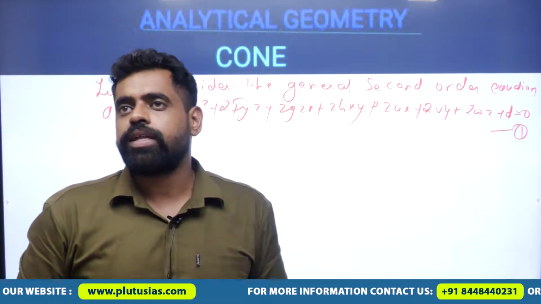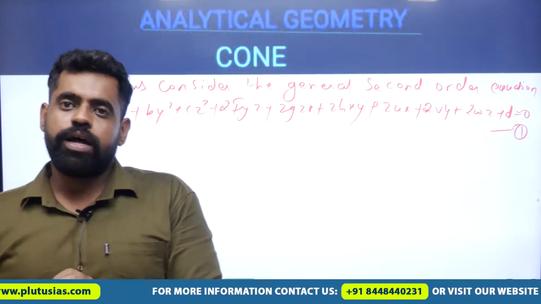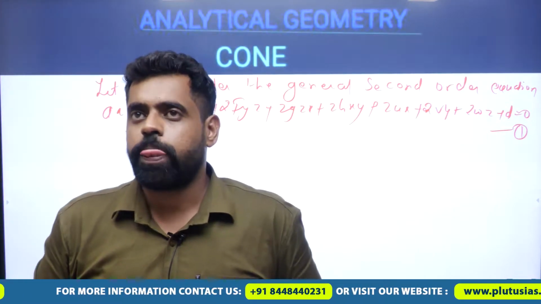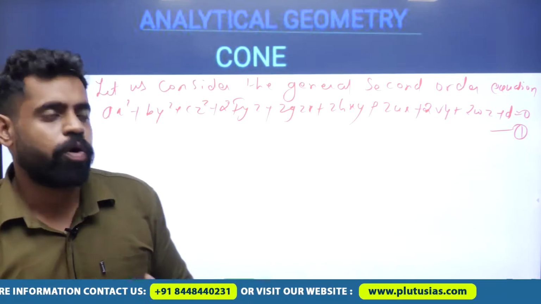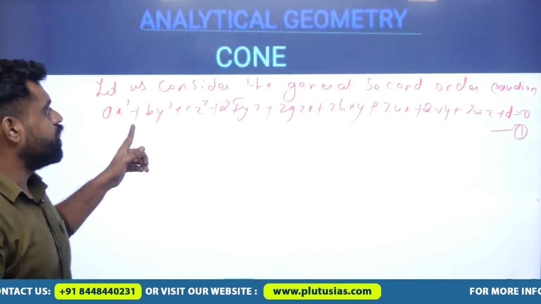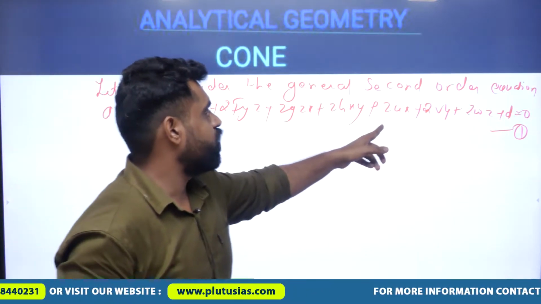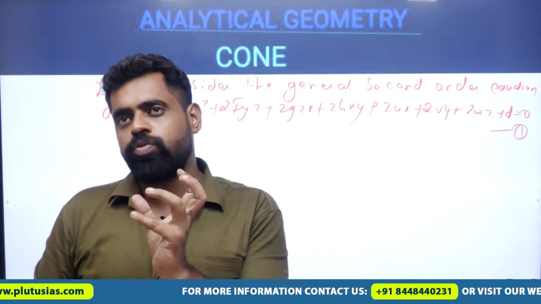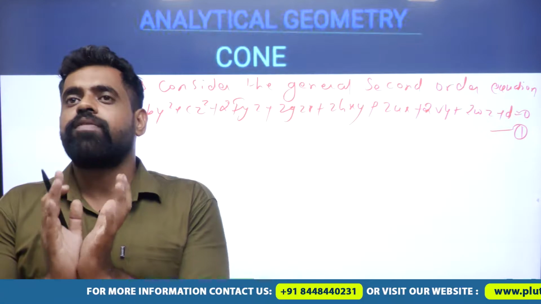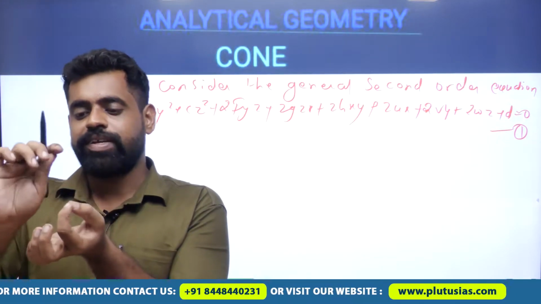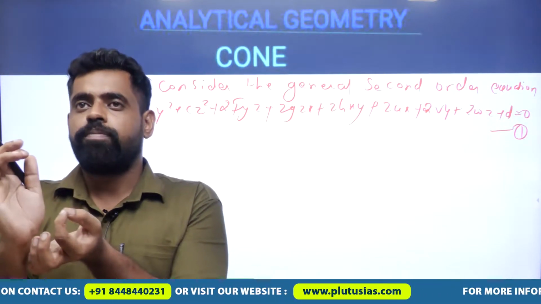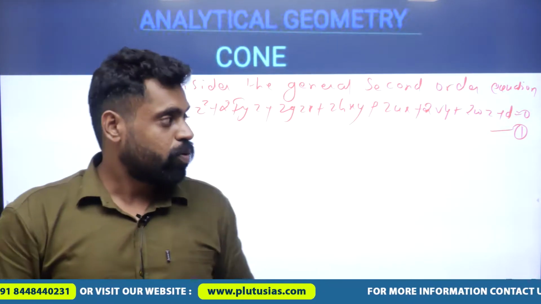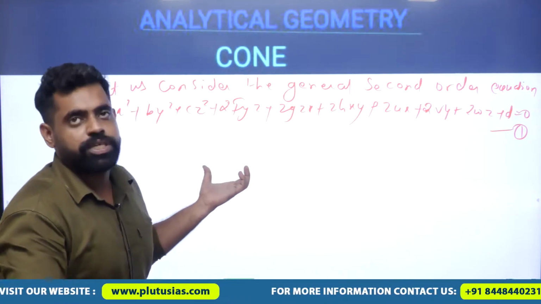So this is the general second degree polynomial equation. It has x square, y square, z square and the terms yz, zx, xy. So it says that if it is a cone whose vertex is at origin, the point from which all the generators pass, if that is at 0, then it is homogeneous.